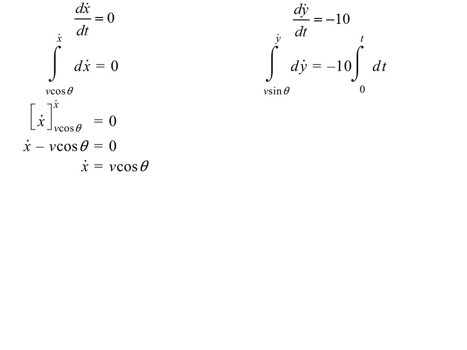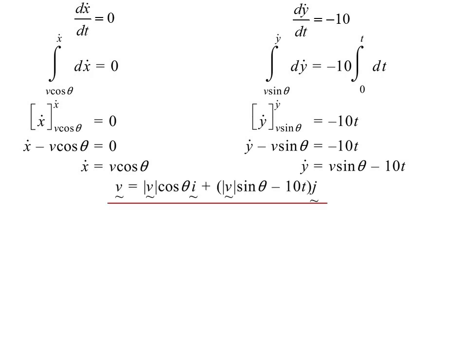Over in the y though, we get something different. There's what I was just talking about before. We've got this extra component there of -10t. That's basically gravity coming into play. So as time moves on, its velocity is decreasing. Okay, so there is an expression for our velocity vector.